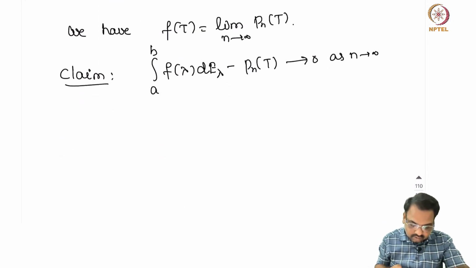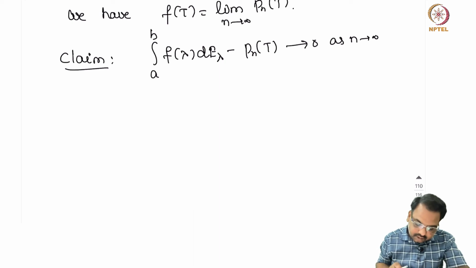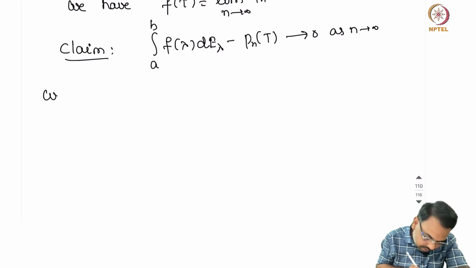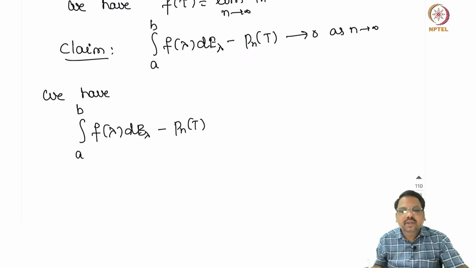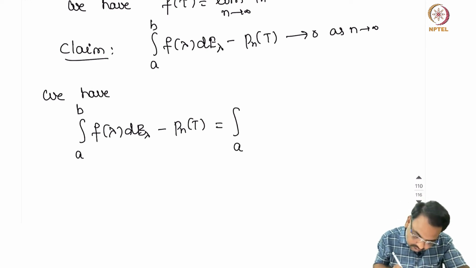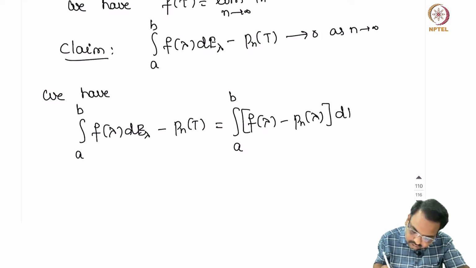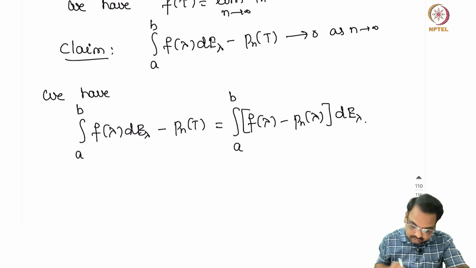Pnt has the integral representation, the integral a to b of Pn lambda d e lambda. So the difference is the integral a to b of f lambda minus Pn lambda d e lambda. Now we want to look at the operator norm of this one.